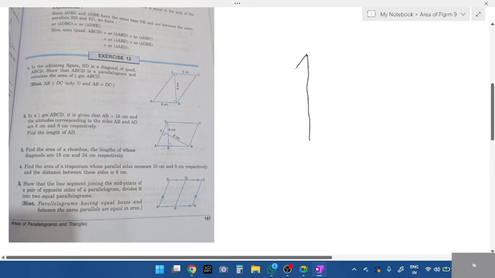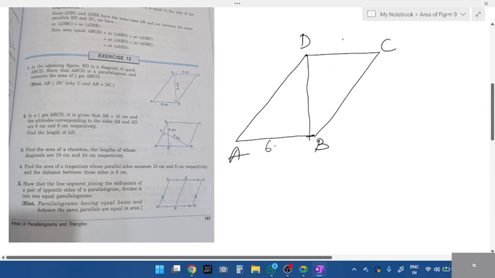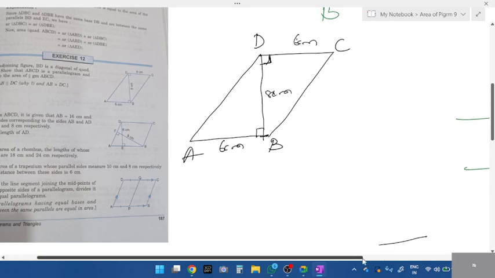Let me draw the line like this. A, B, C, D. Is it 8 centimeter or 6 centimeter? What is given? 6. And here we have 8 centimeter. We have to show that it is a parallelogram, students. What is the parallelogram here? A, B, C, D, right?